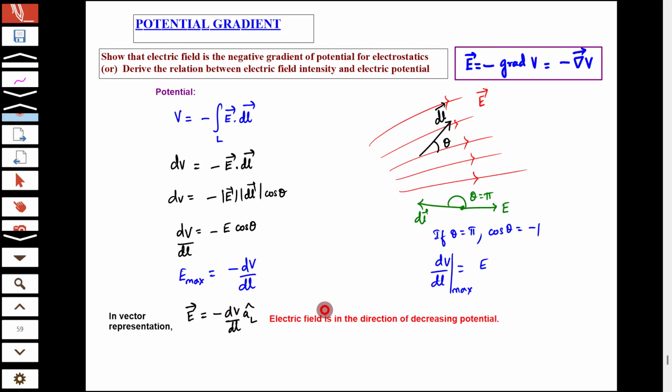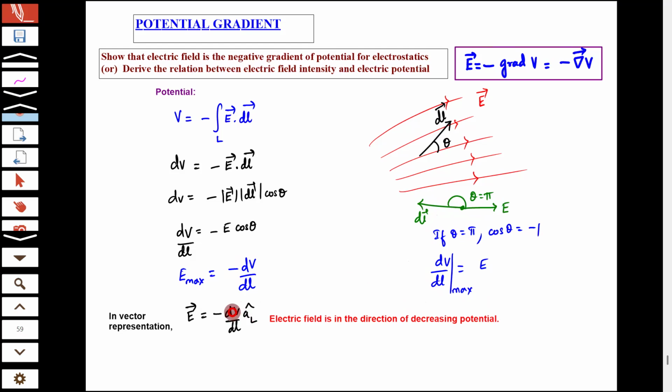Or we can say electric field is in the direction of decreasing potential. If I say E vector and dl vector are opposite to each other, this dl indicates variation of V with respect to distance. So these two are opposite, which means if E is increasing, then dV by dl is going to be decreasing. Or you can say electric field is in the direction of decreasing potential.